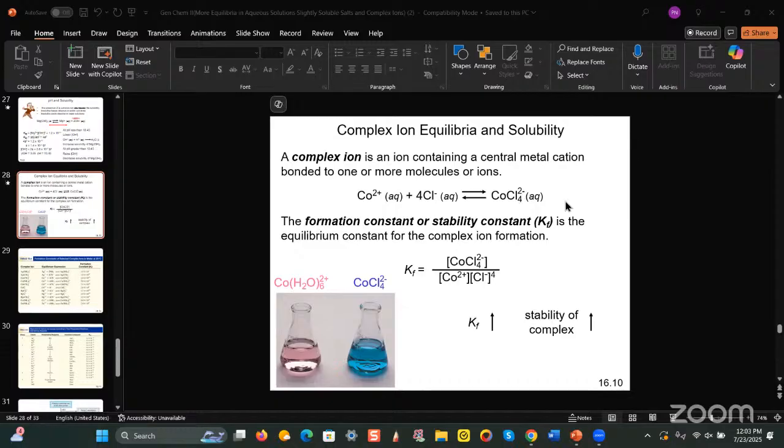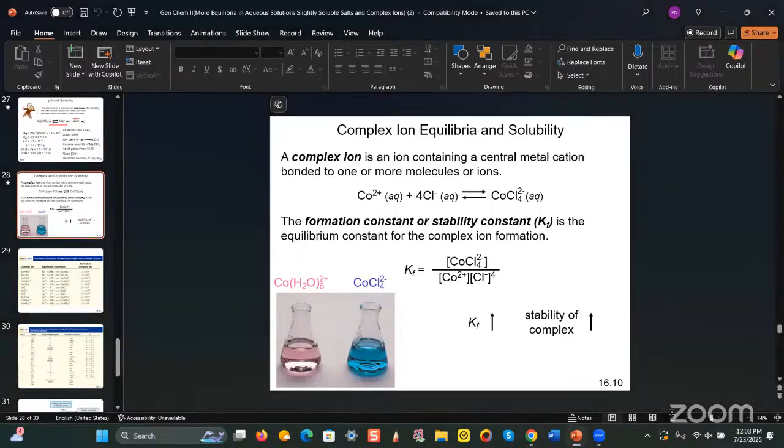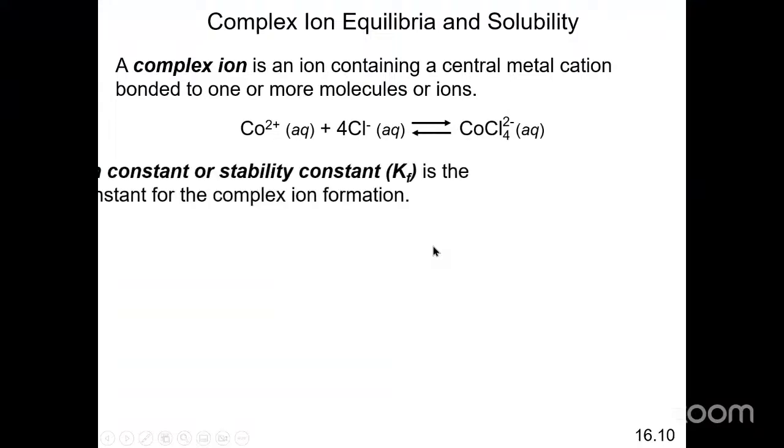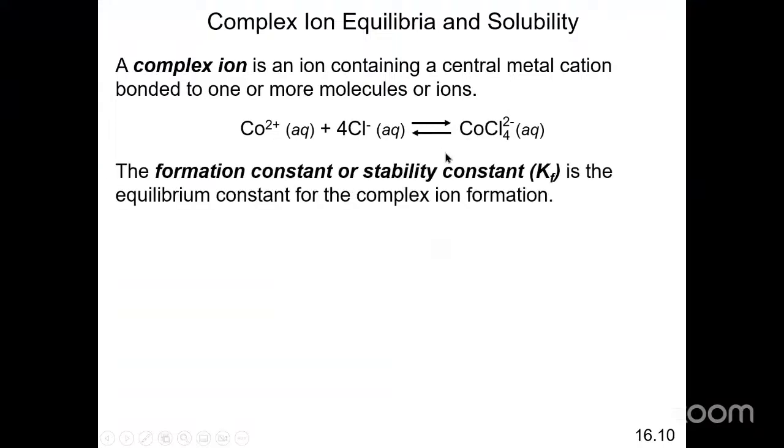And as you can see, the formation of this complex ion is a reversible process. It's a reversible process and therefore will eventually achieve equilibrium. And therefore, the same discussions that we have had about different systems in chemical equilibrium will apply to the formation of complex ions, right? In fact, the equilibrium constant associated with the formation of complex ions is called the formation constant of that ion or the stability constant.